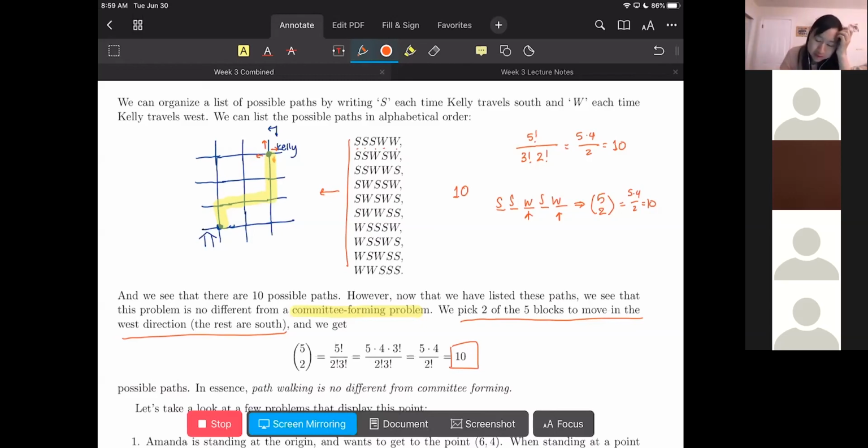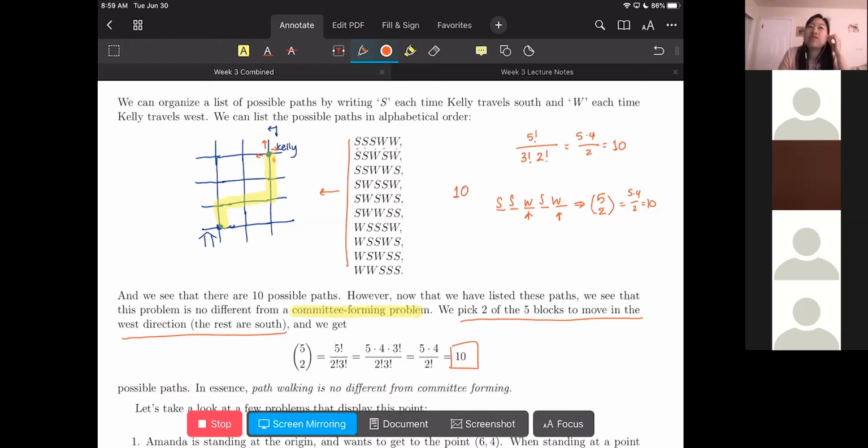I'm not sure I understand what you're asking. I was wondering if it was based on the fact that 5 is the minimum number of blocks, so we're just going to assume that she's only taking the 5 block path, and we're just using south and west. And since there's 2 wests, we just do choose 2, but we can also do choose 3 for the 3 S's, which is the same as choose 2.